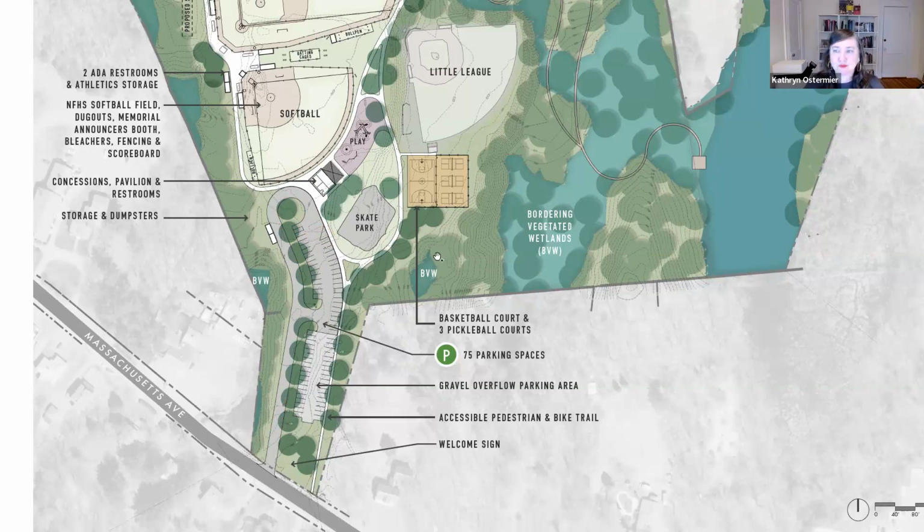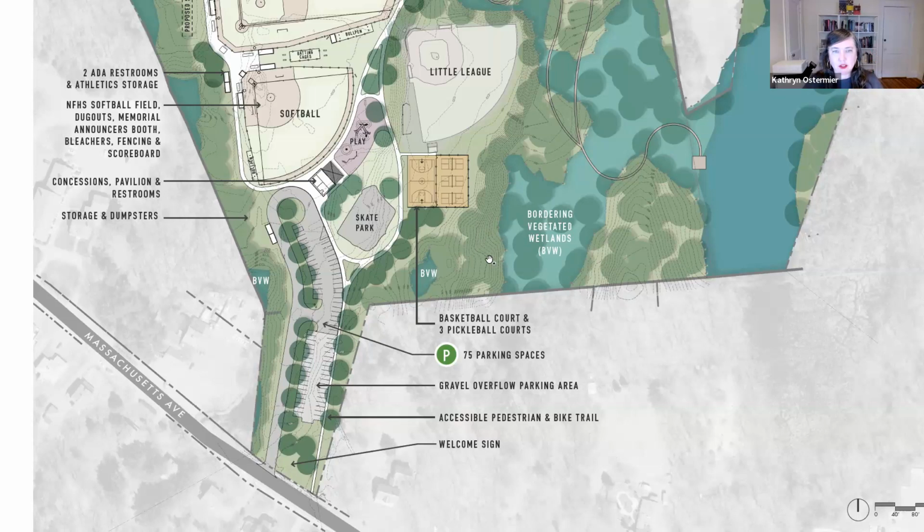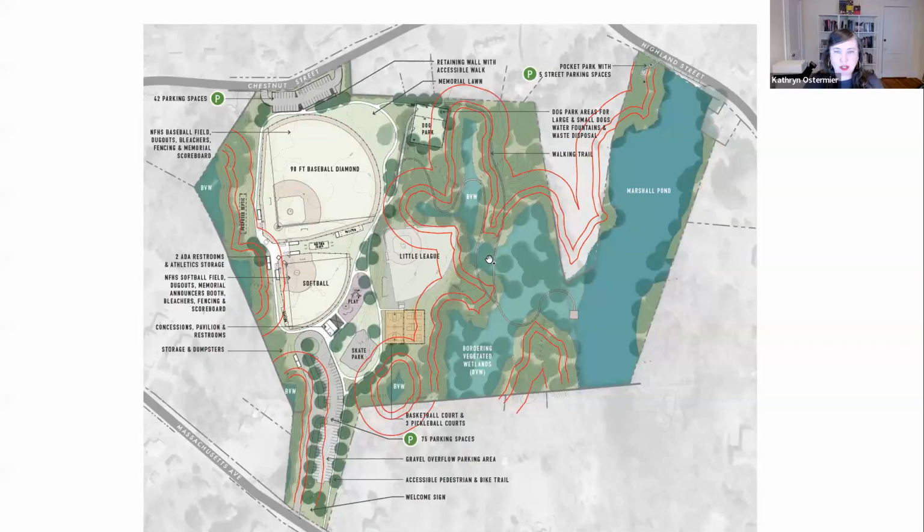That's a good point. So it's two-way coming in, and then they'd be forced to make that right-hand turn into the parking lot to go north in that loop, so that the passenger side of the vehicle is always on the right side. Absolutely, just from a safety standpoint. That's certainly something that we can adjust.